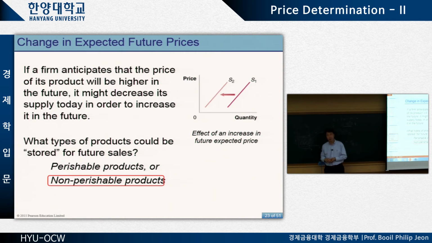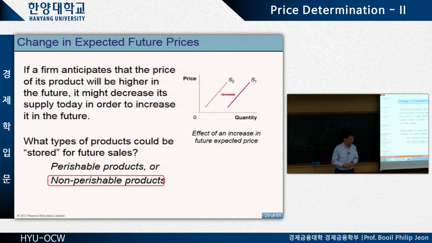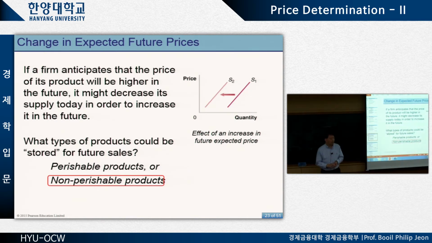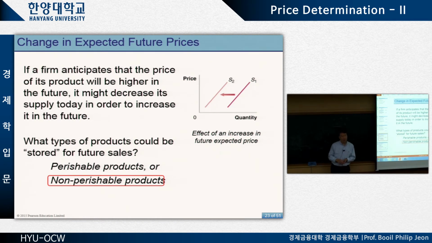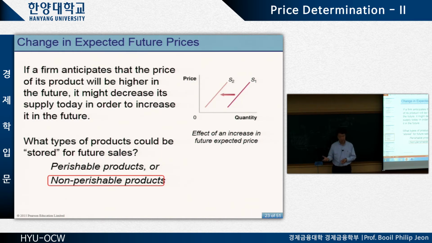So that's what the government does, right? And in order to do that, there's a big problem with this idea, right? Because a lot of agricultural products are perishable. You can't keep them for a long time, right? So usually they convert milk into powder milk, right?